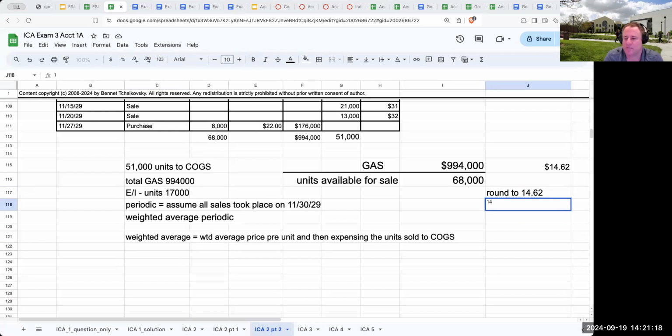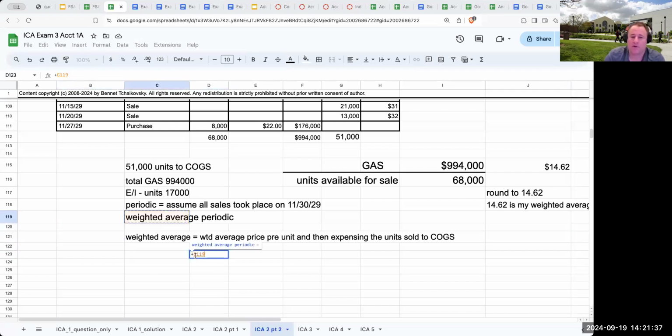So 14.62 is my weighted average cost per unit. Now what I'm going to do over here is ask, how many units did I sell? Well, we sold 51,000 units.